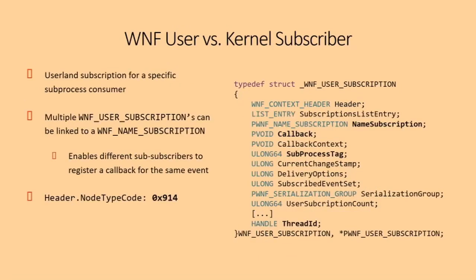And then you will also have a WNF user subscription to hold the information about the notification mechanism for the sub-consumer. So this way, you can have one WNF name subscription and several WNF user subscriptions. So that's how the issue is managed. And I think that's quite cool.